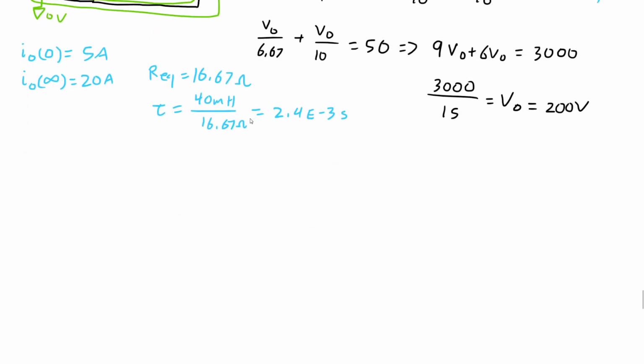Okay. So if we want to find the current expression, we're just going to use something similar to what we do with the voltages. So I'm going to go ahead and write it out.